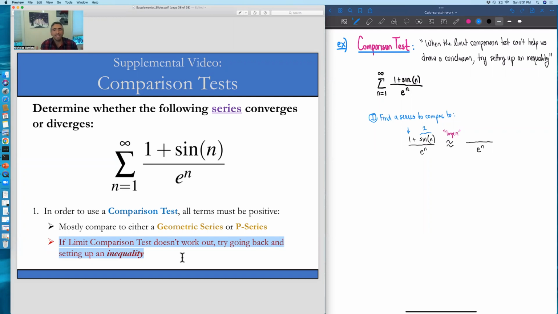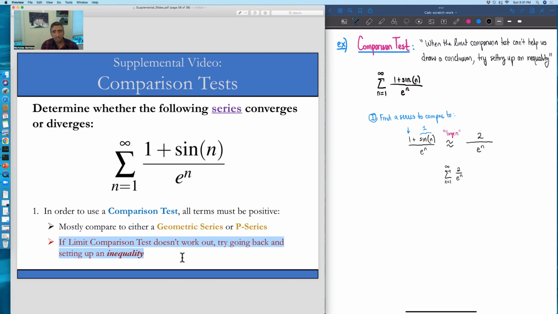So how large could this numerator ever be? It could be as large as 1 plus the largest sine can be, which is also 1. So the largest that numerator could be, we could think of as a 2. So the series we could compare ours to is the series from n equals 1 of 2 over e to the n.